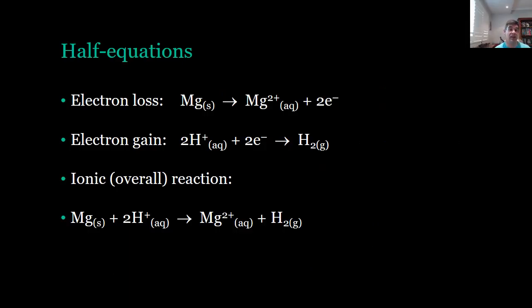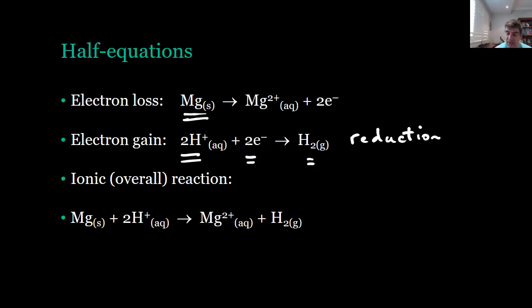So here is an example of that. In the previous slide, we looked at what happens when magnesium is placed into a solution of dilute acid: the magnesium solid will displace the hydrogen ions from the solution. That is, it will actually push them out. The hydrogen ions will take in electrons and form hydrogen gas, and this gaining of electrons is called reduction. Reduction is gain.